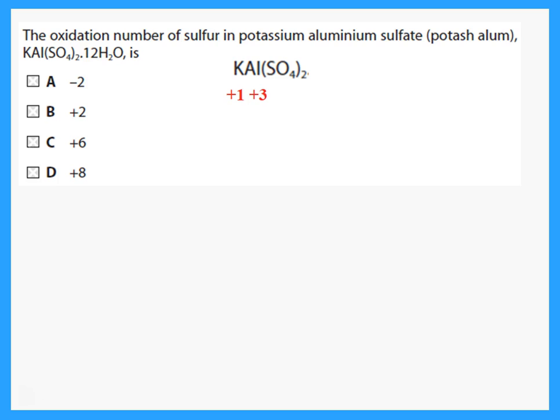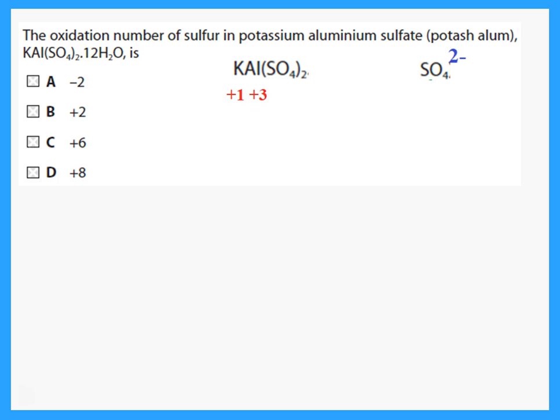And that means that the two SO4s should balance the K and the Al. The K and the Al are +4, so the two sulfates have to be -4, so each sulfate is -2. And that is actually how we write sulfate. It should have -2.